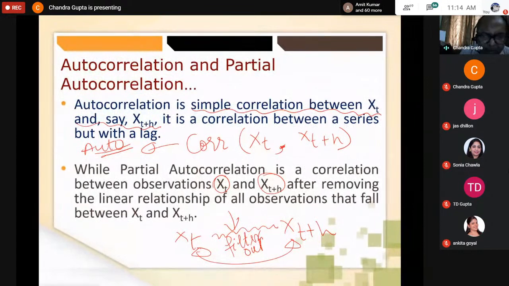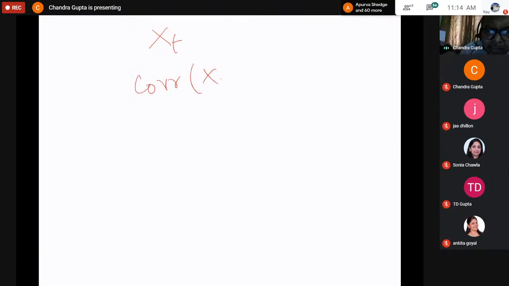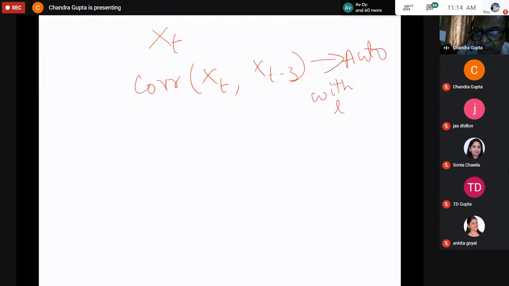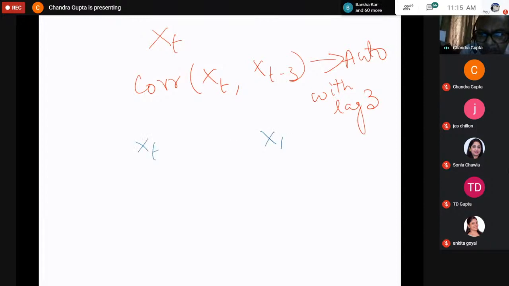Okay, I repeat what I'm saying. If you have a series xt, I simply calculate correlation between xt and say xt minus 3. That's autocorrelation with lag 3. And on the other hand, when I talk about partial autocorrelation, then between xt and xt minus 3, in between we have xt minus 1, xt minus 2.